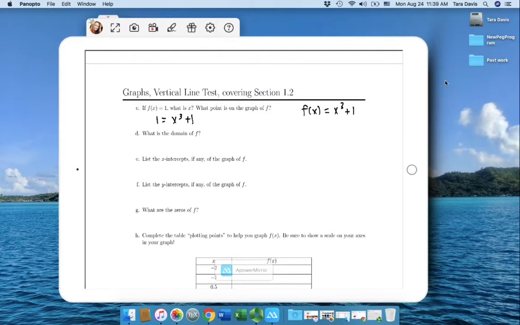So I'm going to subtract 1 from both sides, and then I would have 0 equals x cubed, and then I will take the cube root of both sides. So x will equal 0, okay? So the point on the graph is when x is equal to 0 and y is equal to 1.